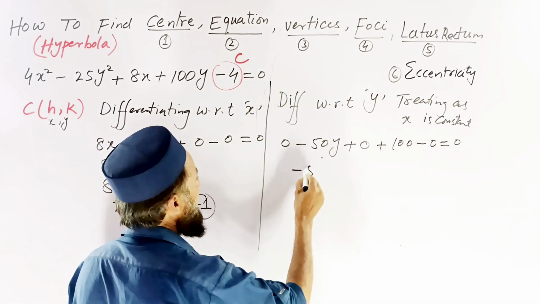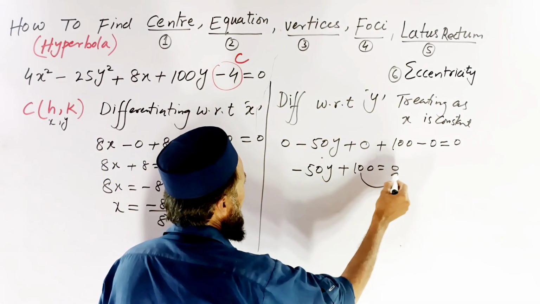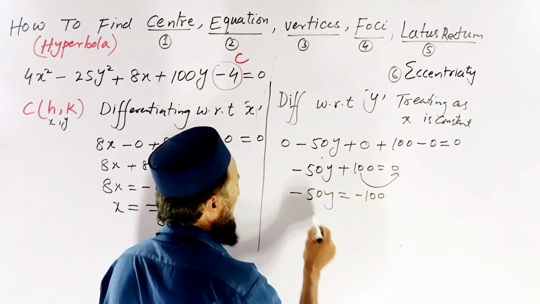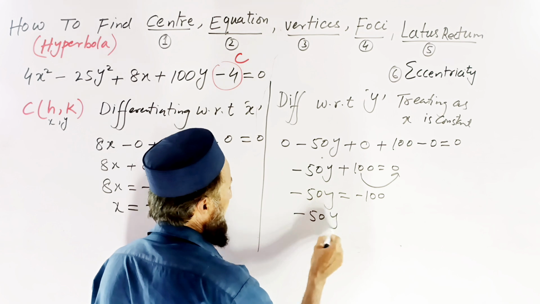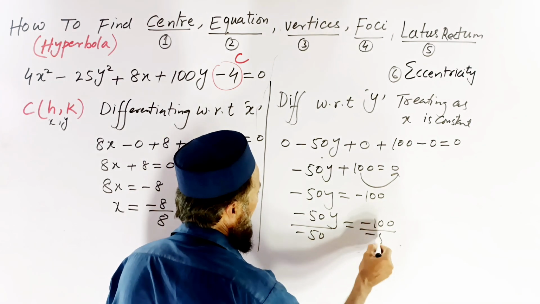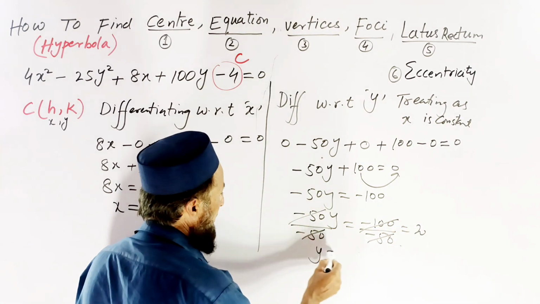Now we get minus 50y plus 100 is equal to 0. So minus 50y is equal to minus 100. Dividing both sides by minus 50, minus 100 divided by minus 50, both cancel, so we get 2. So y is equal to 2.